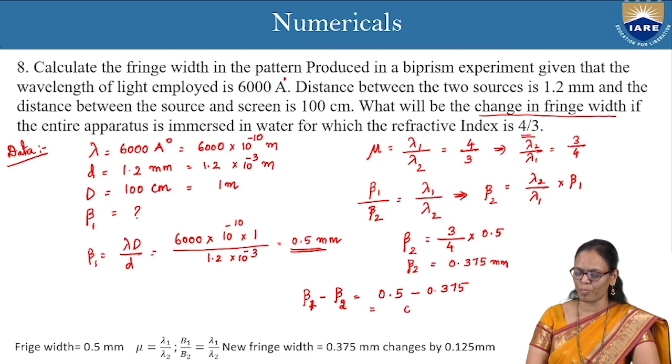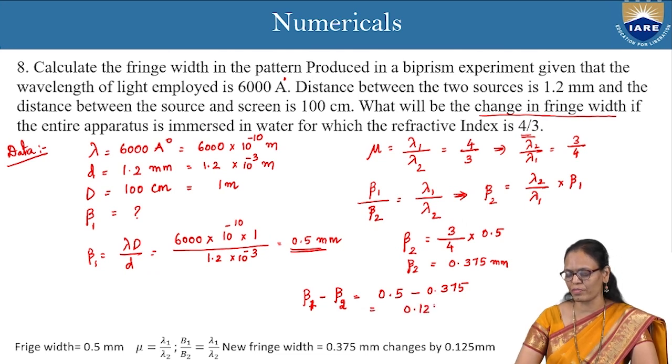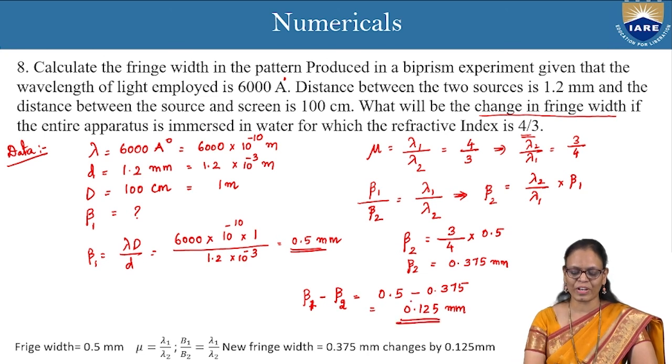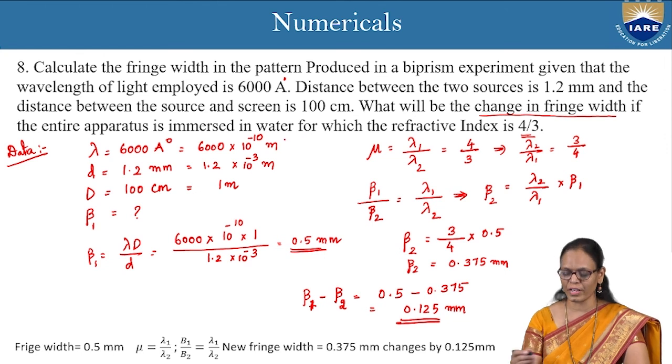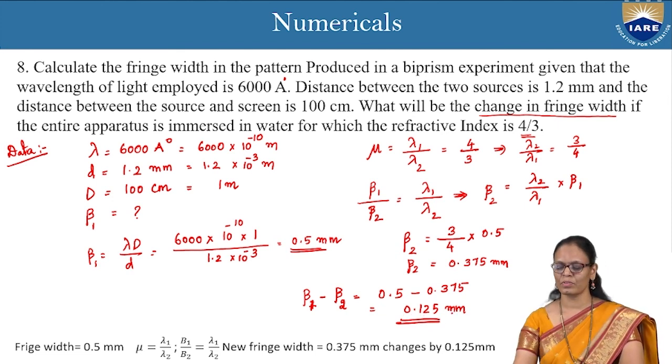So this will be 0.125 millimeter. So when the entire system is placed in water, the fringe width changes by, or I can say it is reducing by 0.125 millimeter.